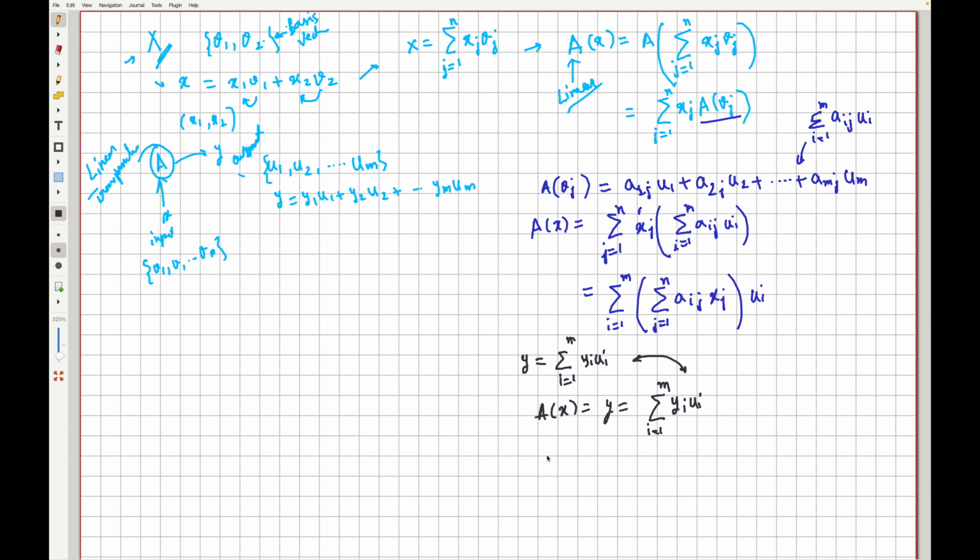Since the vectors u_i are linearly independent, the coefficients must match, and therefore y_i is equal to summation j equals 1 to n of a_ij x_j. These are the coordinate formulas that define the matrix multiplication.